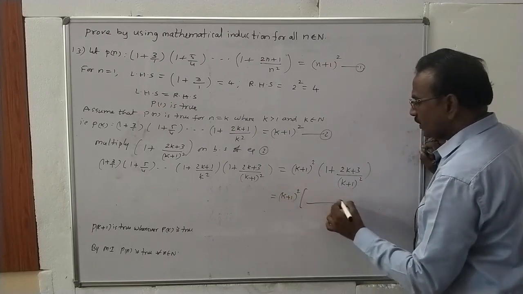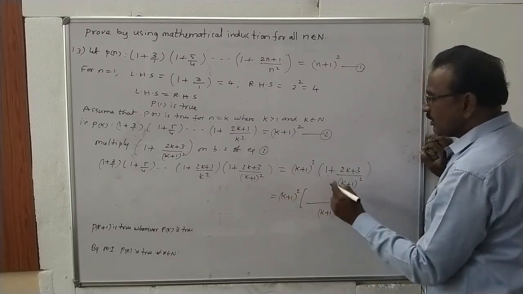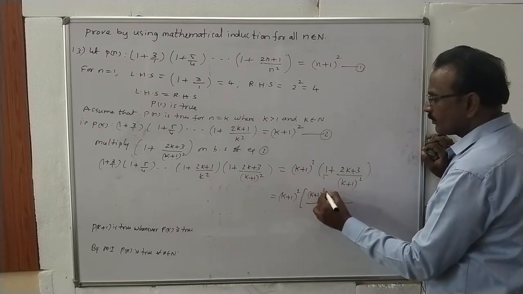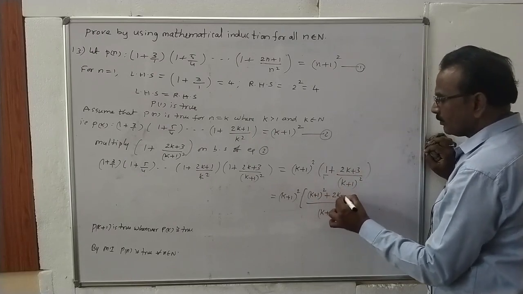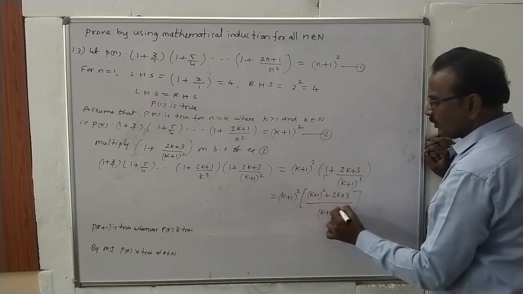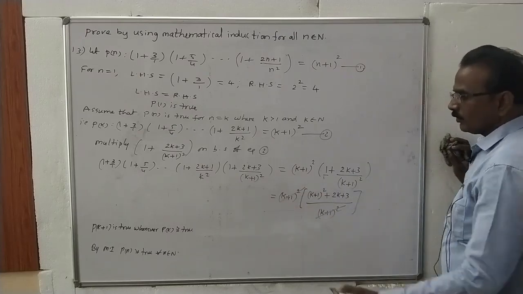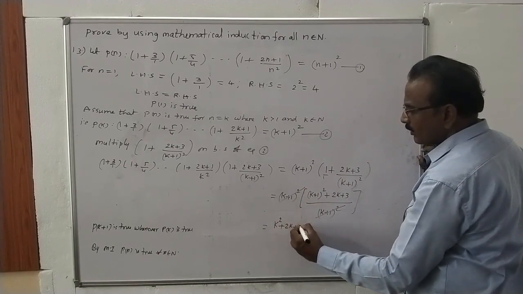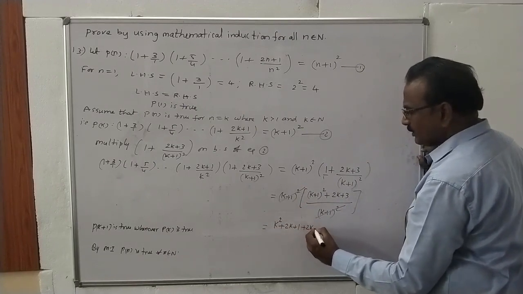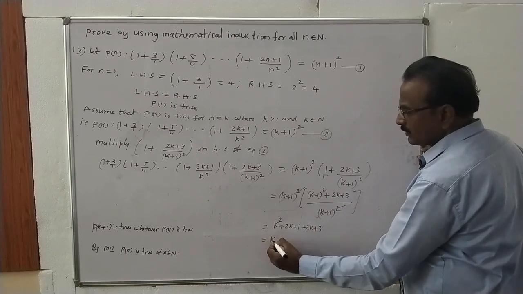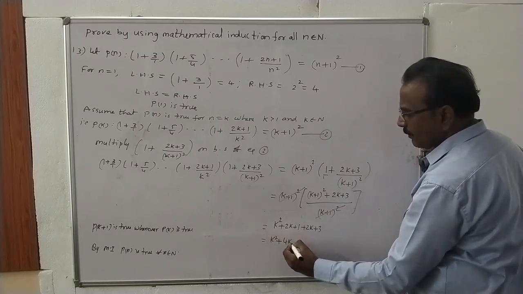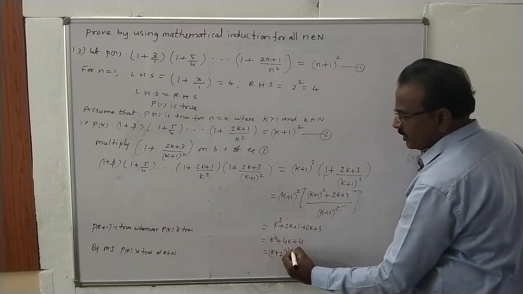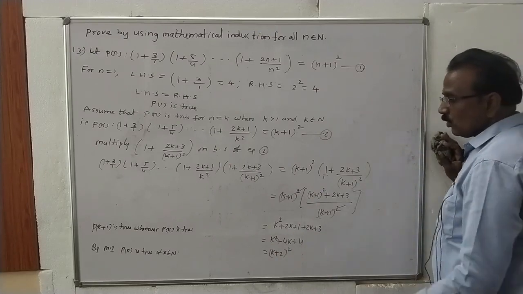Here take LCM. LCM is (k+1)². So 1 means 1/1. (k+1)² into 1 is (k+1)² plus 2k + 3. Here (k+1)² cancels. That is, (k+1)² is k² + 2k + 1, by the (a+b)² formula, plus 2k + 3 is equal to k² + 2k + 2k, 4k + 4. K² + 4k + 4 is (k+2)².